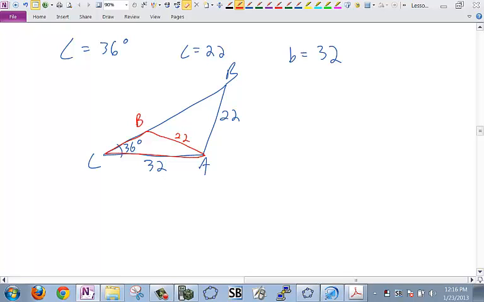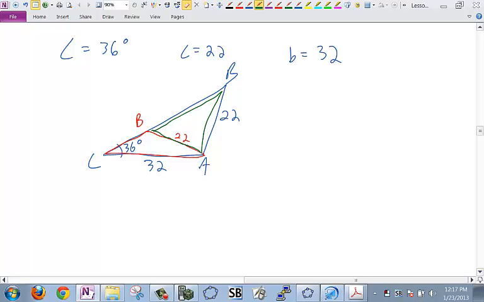Now, here's what I want to point out. We have two triangles to solve. The red triangle and the blue triangle. But for now, I want to focus on this green triangle here. Because what is true about that triangle? It's isosceles. Because these sides are the same, what has to be true about these angles?